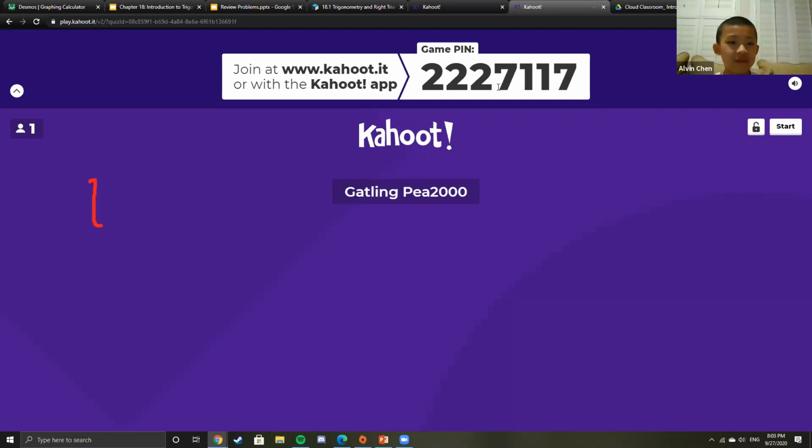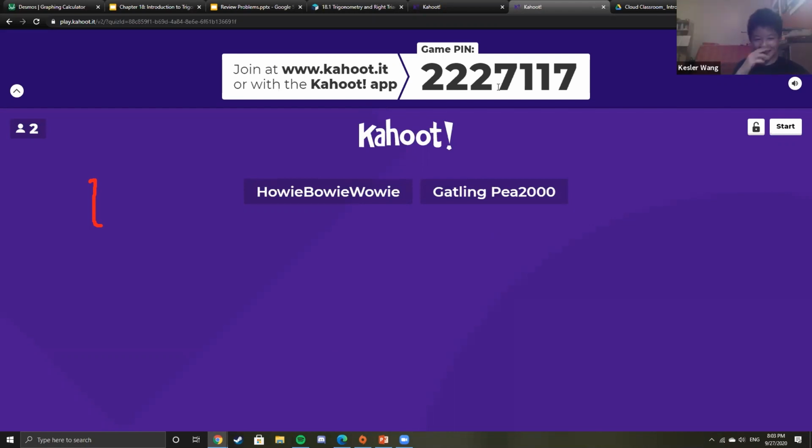Square roots in plants. Oh yeah, I see. I googled it and I actually found square roots. Told you, math is in real life. It looks so cool.